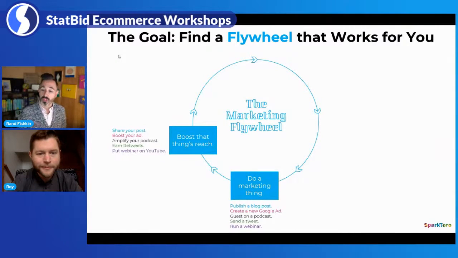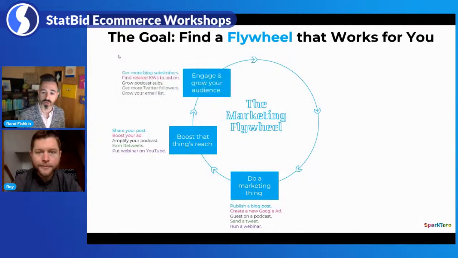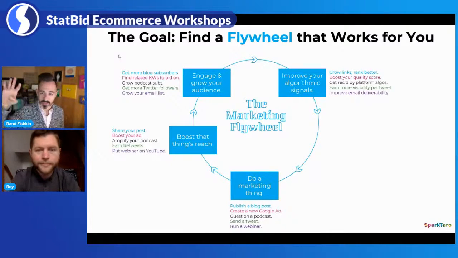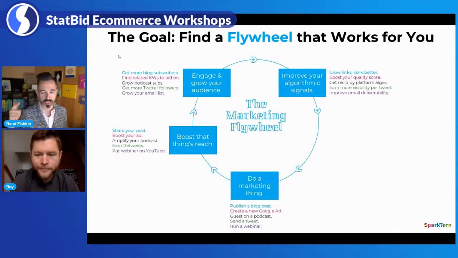And then you boost that thing's reach, you amplify it to your existing audience and hopefully to some new audiences. And then fingers crossed, if you have produced something of value, you will engage and grow that audience, which means you will improve your algorithmic signals across all these algorithmic platforms: Facebook and Twitter and LinkedIn and Google News and Google Discover and YouTube and Reddit and email marketing platforms.